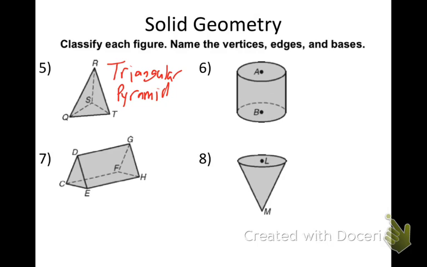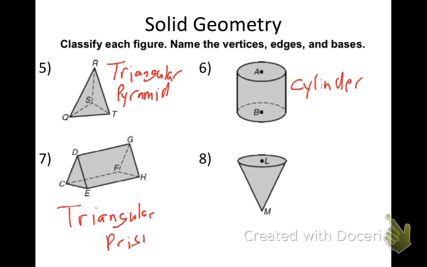What do you got for number 6, Ryan? That is a cylinder. Number 7. What do you suppose for number 7? Caprio. That is a triangular prism. That's just like your chocolate bar. A pyramid goes to a single point. A prism can be run along all the sides there. Okay?